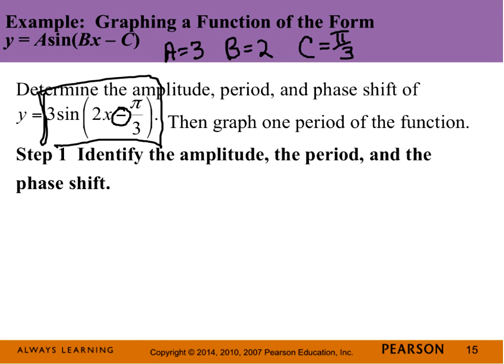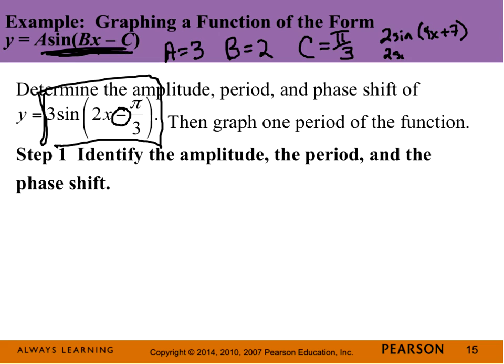Let me point out that since subtraction is in the form here, if that C value is added, it's as if you subtracted the negative value. So, for example, say I had 2 sine of 4x plus 7.